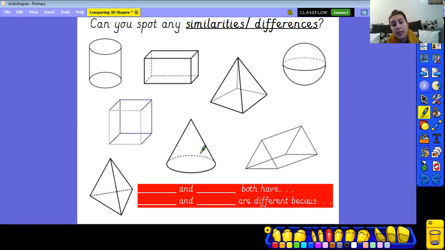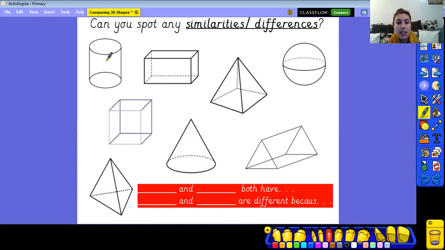But I could say, for example, that the sphere and the cube are different because a sphere has a curved face and a cube just has flat faces. I could say that the cylinder and the square base pyramid are different because they have different numbers of faces and one of them has triangular faces and the other one does not.